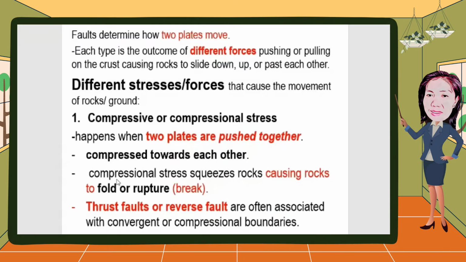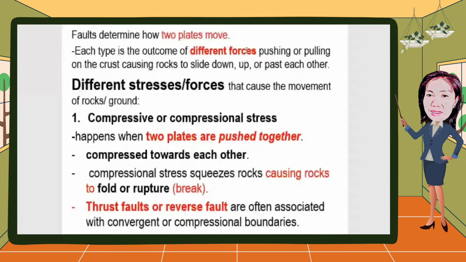Okay, so faults determine how two plates move. Kanina we discussed how the fault moves, if the movement is vertical ba or horizontal. Always remember that each type of fault movement is the outcome of different forces.